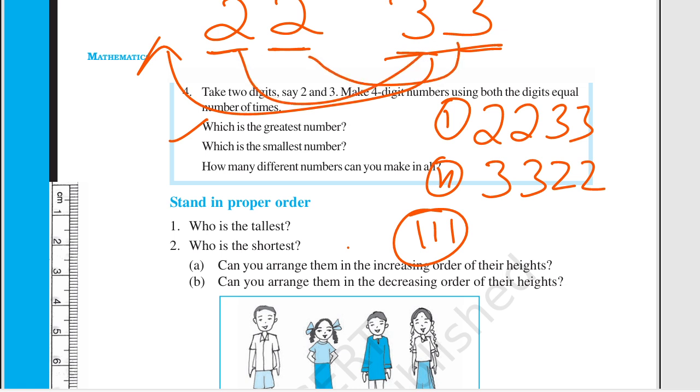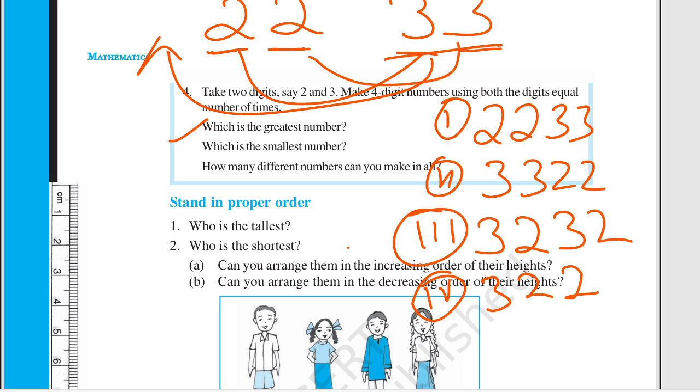So we can write 3, now 2, then again 3, then again 2, like this. Fourth, we can write 3, 2, we will move 2 over here, 2 and 3. This is also a way we can make the number.